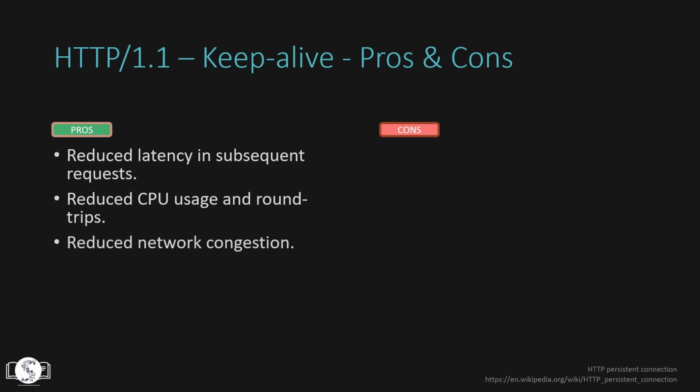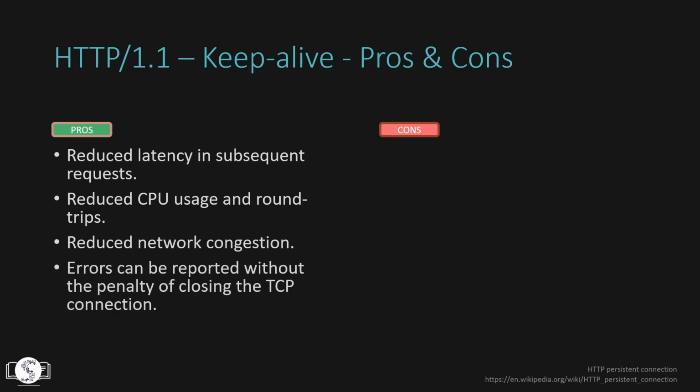Reduced network congestion because we use fewer TCP connections. Errors can be reported without the penalty of closing the TCP connection, thus another request can still reuse the same connection. And it enables HTTP pipelining of requests and responses. I will discuss HTTP pipelining in the next slides.